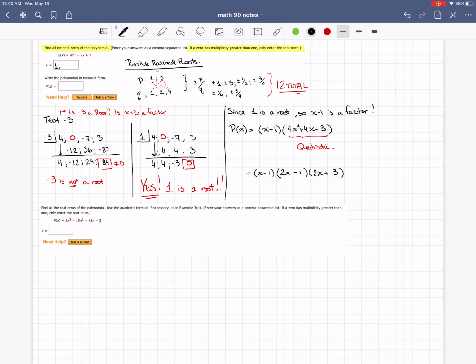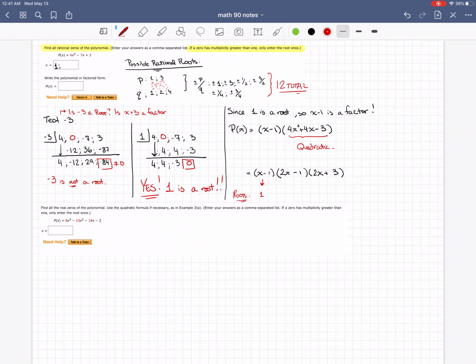So once you are able to break down your polynomial so that the only nonlinear factor you have left is quadratic, you can use your knowledge of quadratics from there. So you can use the quadratic formula, factoring, all of those things. Now check it out. Once you have it in factored form, you can see the roots.